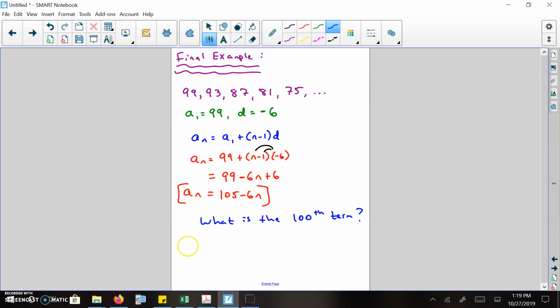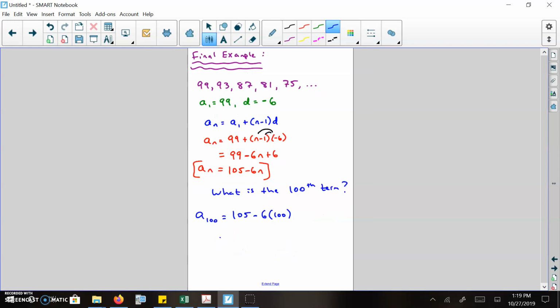If I want to know the 100th term, let's go to this formula that we've come up with, and let's figure it out by plugging in 100 for n. So I'm plugging in 100 for n right here. This is just simple math. 105 minus 600. Obviously this is going to be a negative number when I'm finished. 105 minus 600 gives me negative 495.